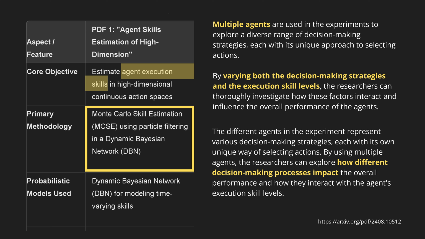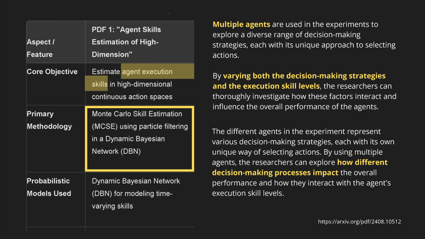So those different agents. We now focus on one particular skill level. Those different agents in the experiment represent various decision-making strategies, each with its own unique way of selecting specific actions.